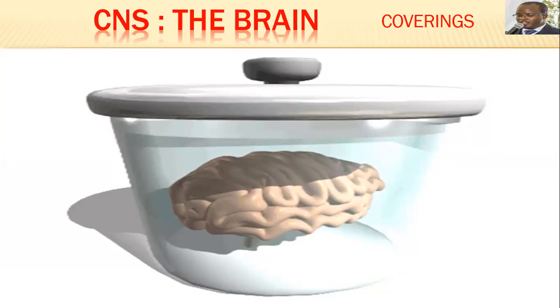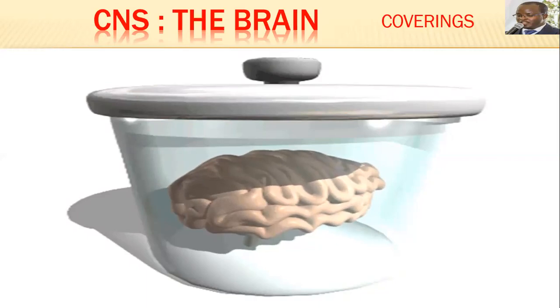On top of that, the cerebrospinal fluid also provides a medium in which waste products can be deposited, because the neuronal cells are also undergoing metabolism. So there are waste products coming from those cells. They will be deposited into the cerebrospinal fluid and then go back to the circulation.